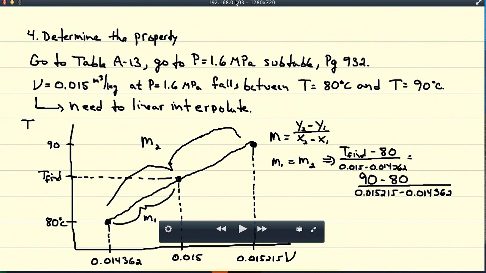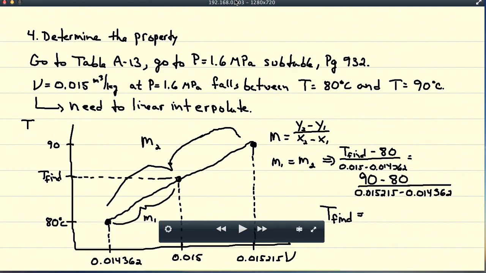Okay? And now we can calculate that very easily, right? So we have one unknown, T find. We have one equation. And so our T find then becomes, so I have to pull out my calculator here. We can calculate this pretty easily, right? 90 minus 80 is 10.